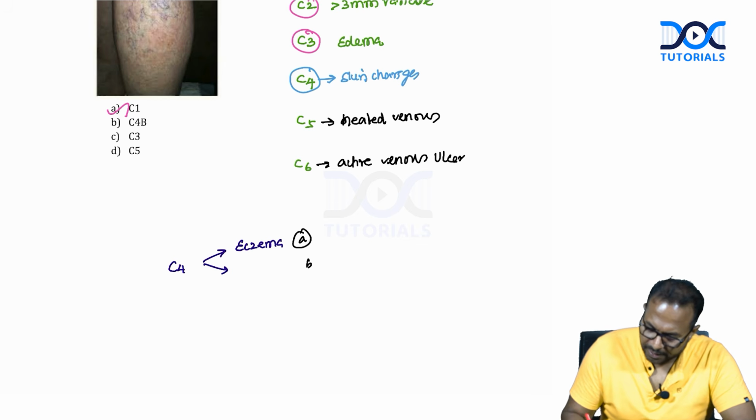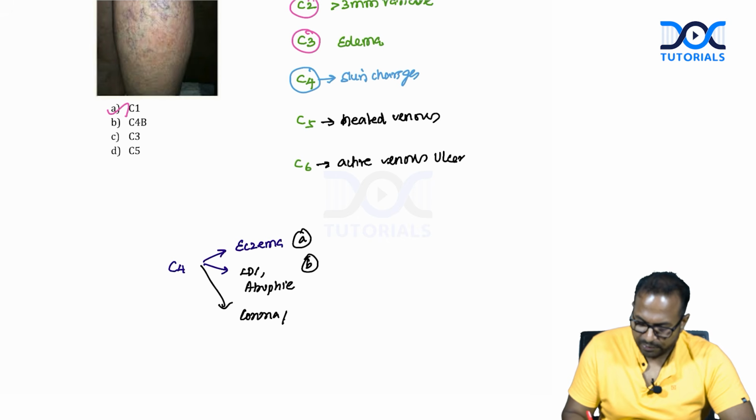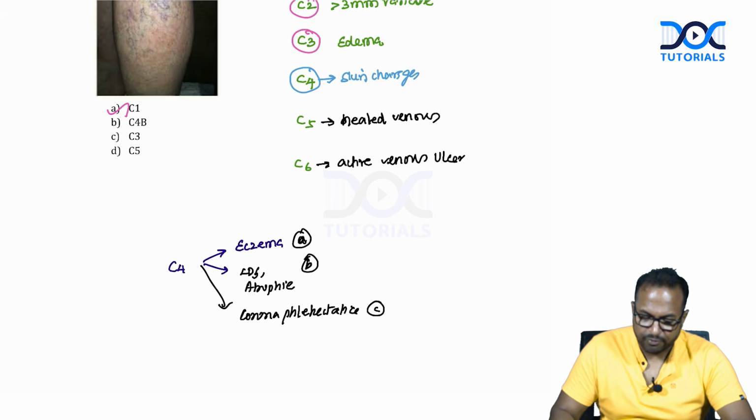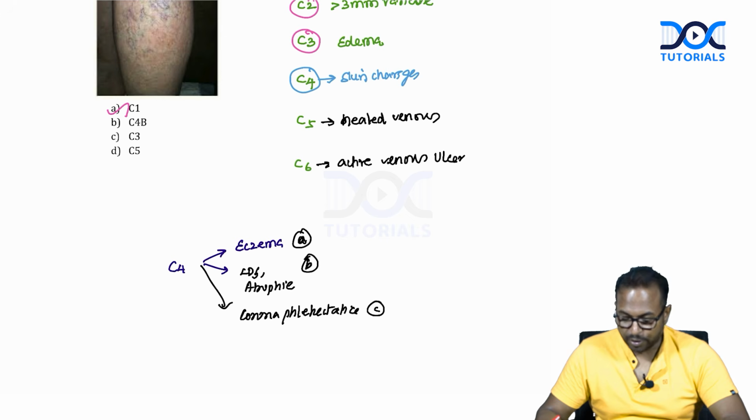B is lipodermatosclerosis and atrophie blanche. And C4C is corona phlebitica. It's a new update. It's a small lesion in the ankle. So, A is eczema, B is lipodermatosclerosis, C is corona phlebitica. It is a repeat question, CEAP classification and all. Without reading, you should not go to the exam.